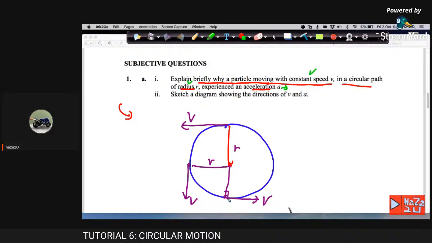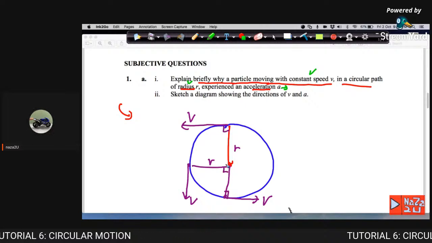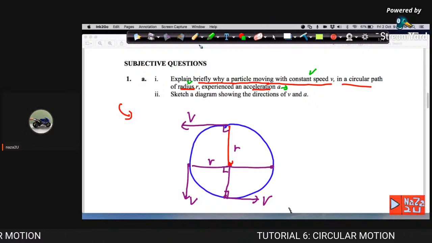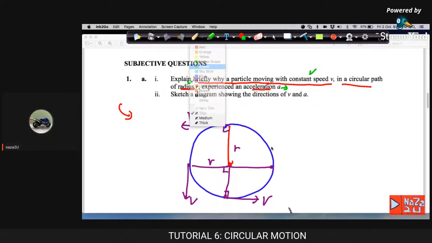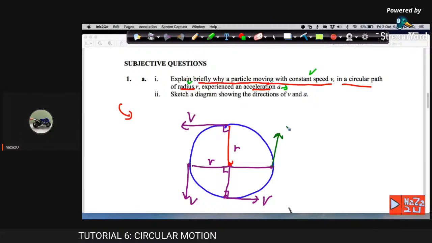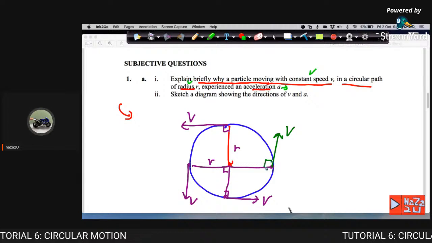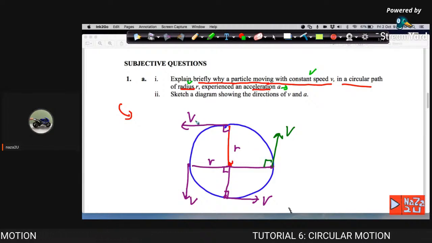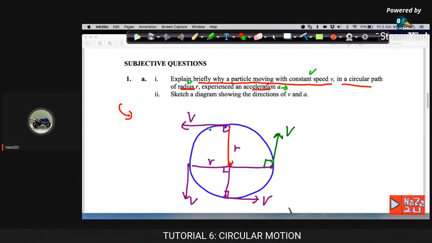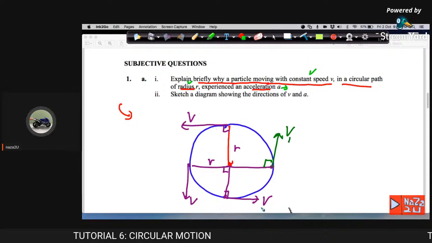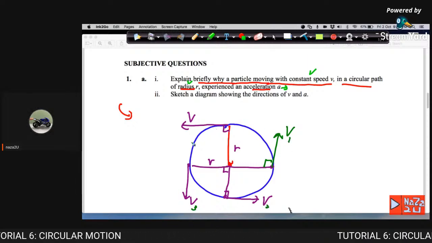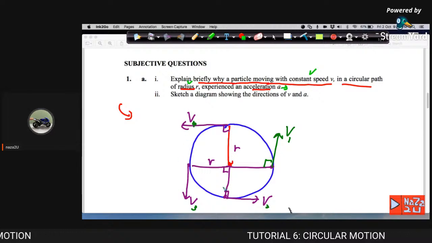So this is 90 degrees, 90 degrees, 90 degrees here. The direction of the tangential velocity is upward, and this is an angle of 90 degrees. Now if you look at the value of the speed, for v1, v2, v3, and v4, we have the same magnitude.